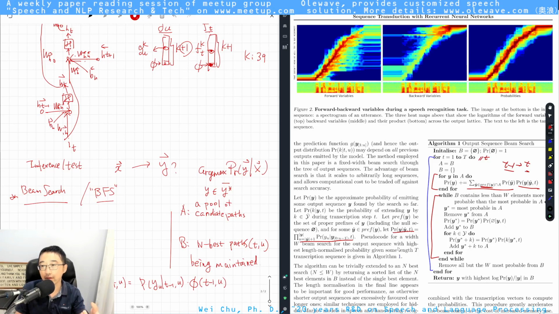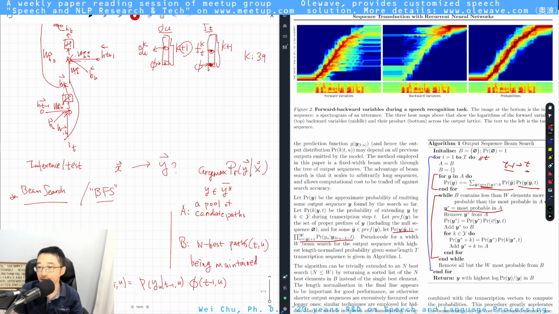Okay, and in short, B. So suppose there are less than W elements in B, but whenever I put the most probable element in A, or the best path in A, into the B set, the B set would get better, or you get a better embedded list.